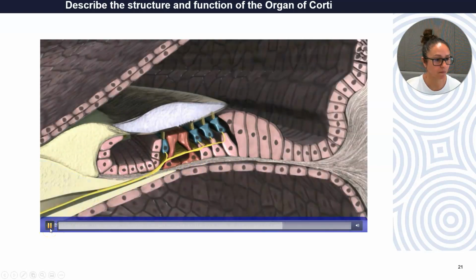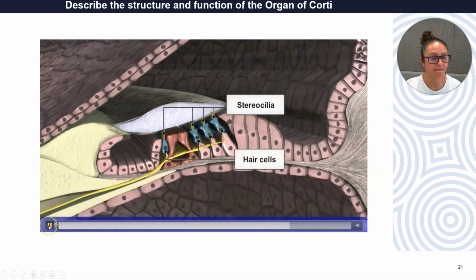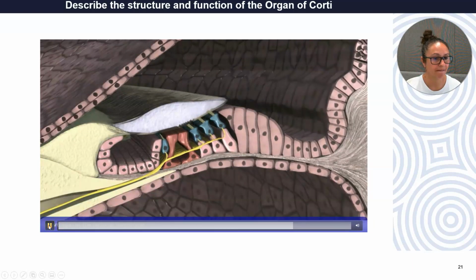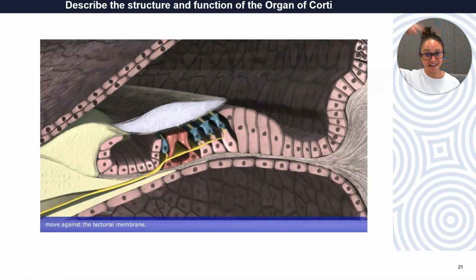When the basilar membrane vibrates, the stereocilia on the hair cells of the organ of Corti move against the tectorial membrane. Remember how we saw before how the plasma membrane can actually make hairs? These are called the cilia. So it's a cell with hairs on it.